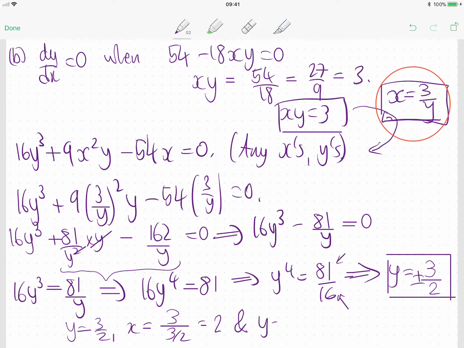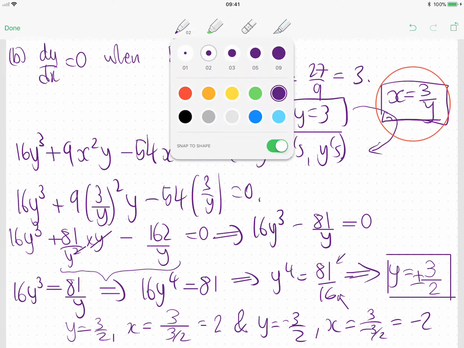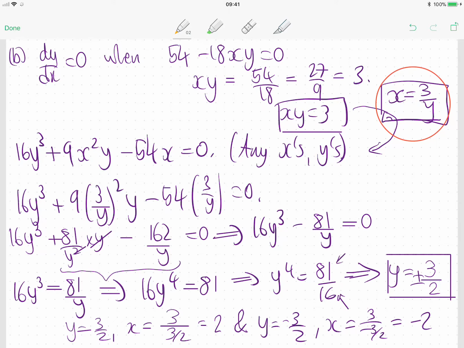And if y is minus 3 over 2, then x is minus 2. So there you go, the final answer. We have x is 2, y is 3 over 2, x is minus 2, y is minus 3 over 2. There you go, that one.